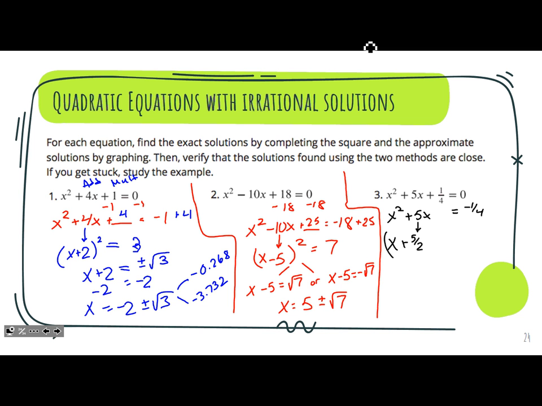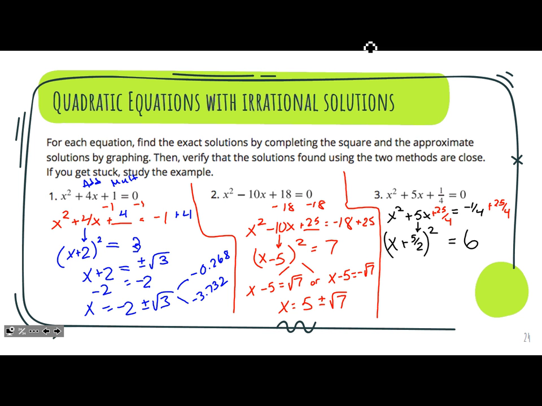So it's going to be x plus 5 over 2 squared. Now, 5 over 2 squared is 25 over 4. So we are going to add 25 over 4 to both sides. Now, what is negative 1 plus 25? It is 24. And 24 over 4 is equal to 6.